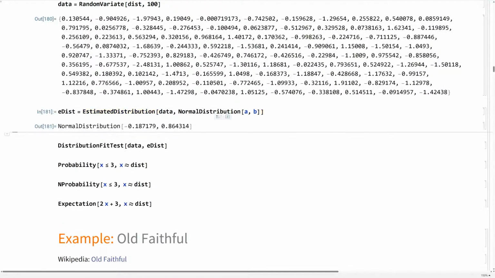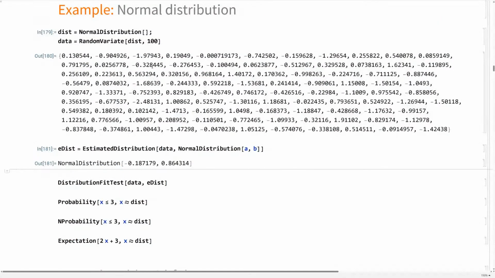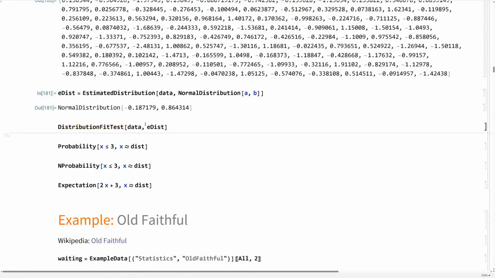But here, as we've already guessed, the distribution is a normal distribution with the mean being A and the standard deviation being B. After EstimatedDistribution reads the data, it gives us the result: a normal distribution with a mean of this number and a standard deviation of this. It's a little bit off from what we originally generated, but that's data fitting.